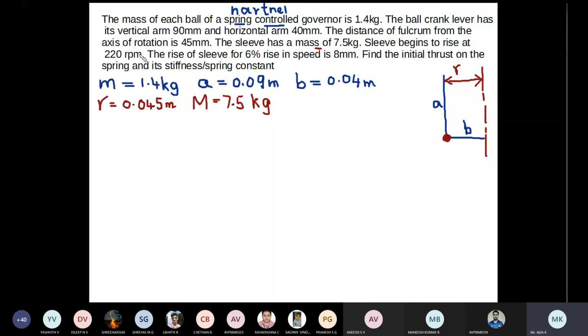So during the Porter governor itself, I told you, when the governor begins to rise, that speed will be the minimum speed. So here minimum speed is given, N1. Minimum speed is N1 and maximum speed is N2. N1 is 220 rpm.